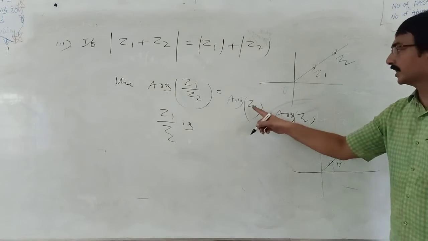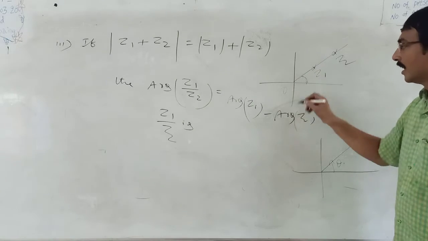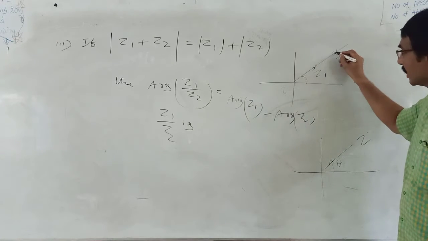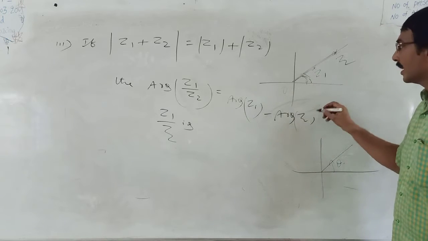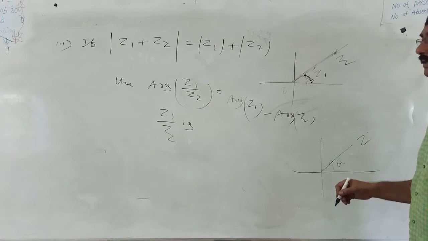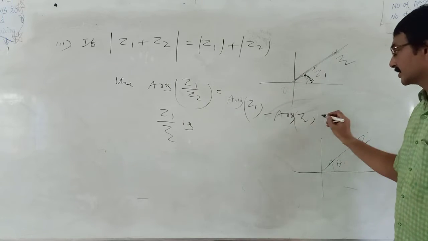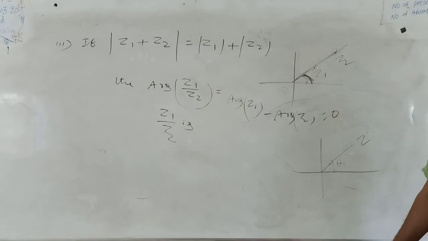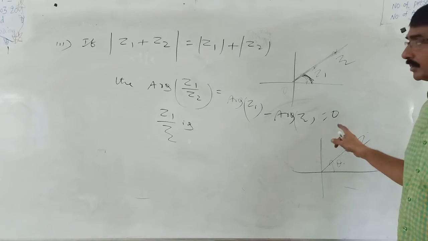So argument of Z1 means this angle. Argument of Z2 is also this angle. Both are same, because the points lie on the same line. Therefore the difference equals 0. So argument of Z1 by Z2 equal to 0.